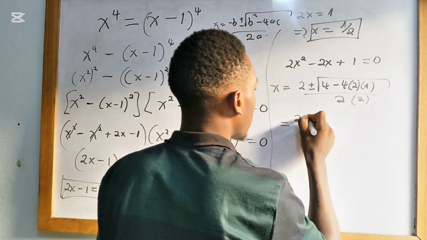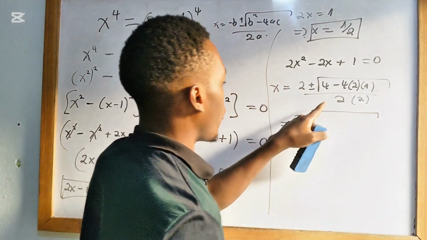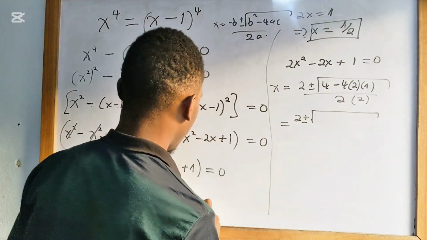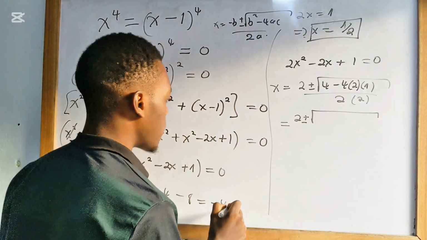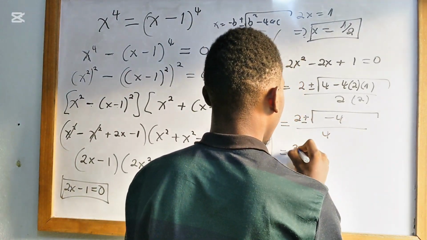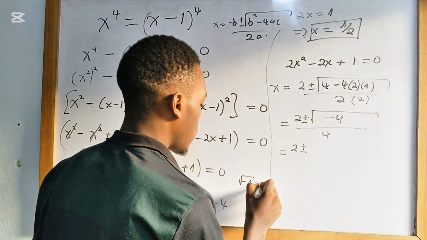Then we're going to have 2 plus or minus the square root of 4 minus 4 times 2, that is 8, which equals negative 4, all over 4. That will be 2 plus or minus, and you know that the square root of negative 1 is equal to i.